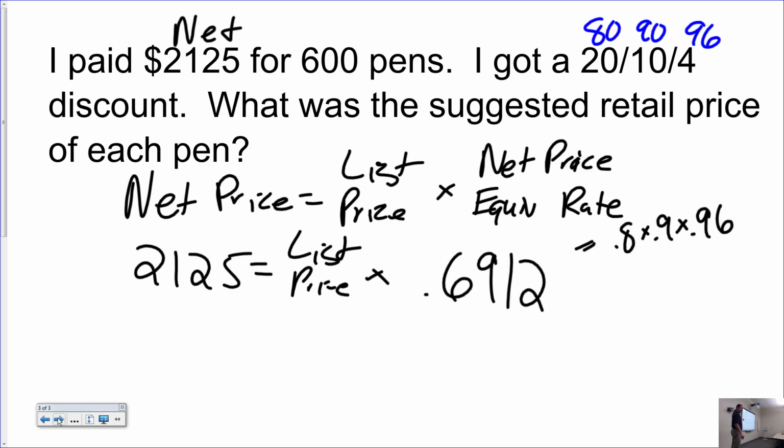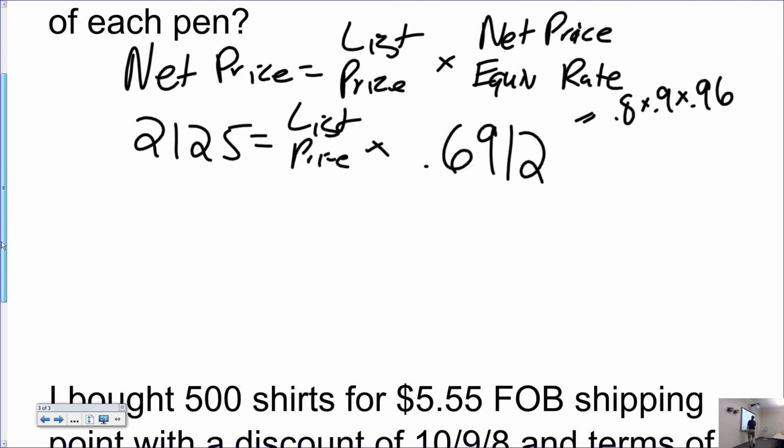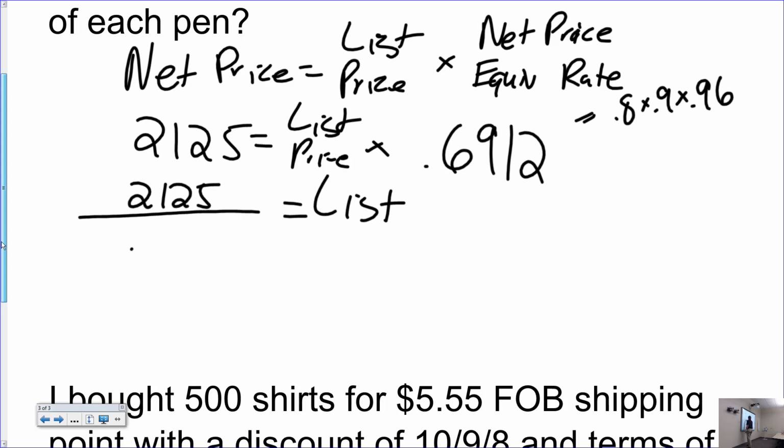And so to get the list price, the list price is going to be 2125 divided by 0.6912. So what does that work out to be? $3,074.36.